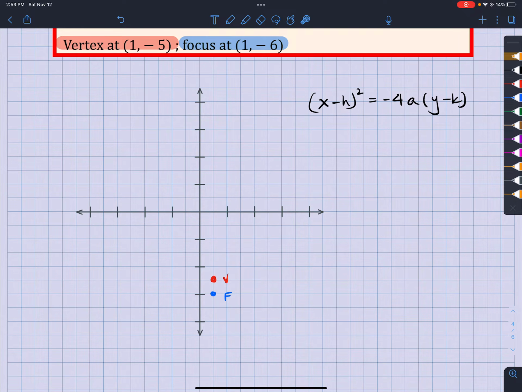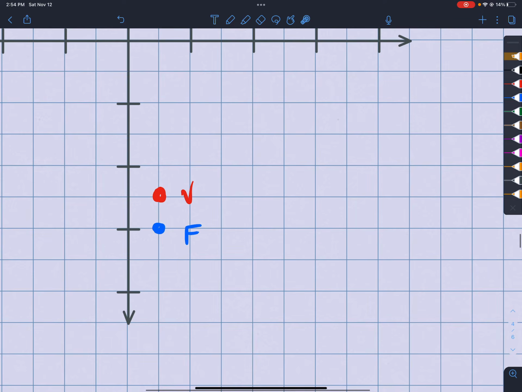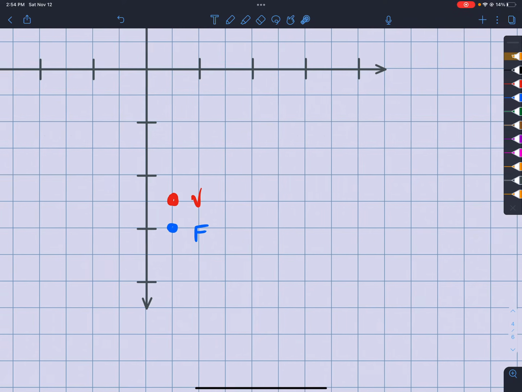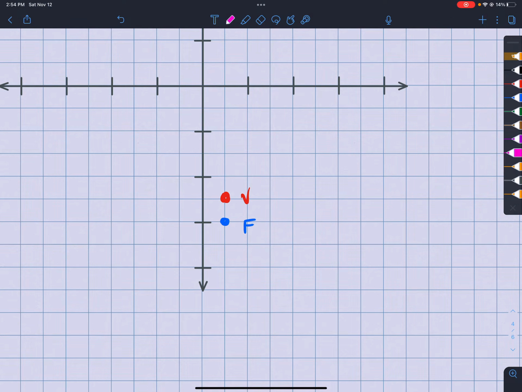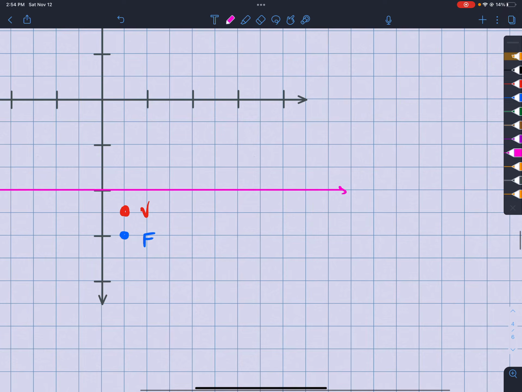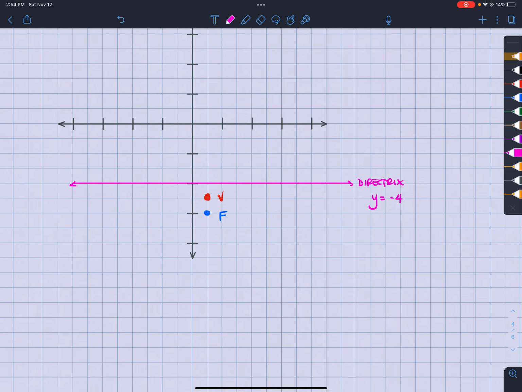With that being said, I can see this. So if my vertex is here and it's 1 unit away from the focus, that means my directrix is going to be right here, which is y equals negative 4, just for the reason of where the vertex is.